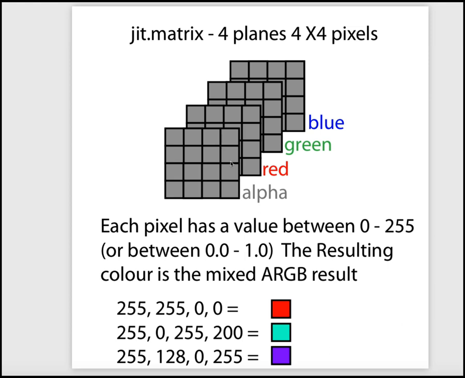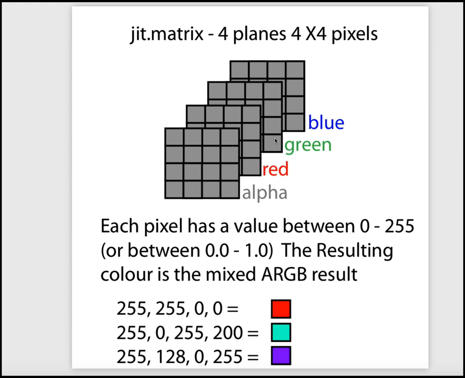Now the range of values that's in each of these planes, they're all between 0 and 255. It's data that's stored in a single byte. And those of you who have done a lot of work with graphics programs will be familiar with representing color as red, green, and blue, and possibly even with an alpha channel. So here in Max, we have alpha first, then red, then green, then blue.